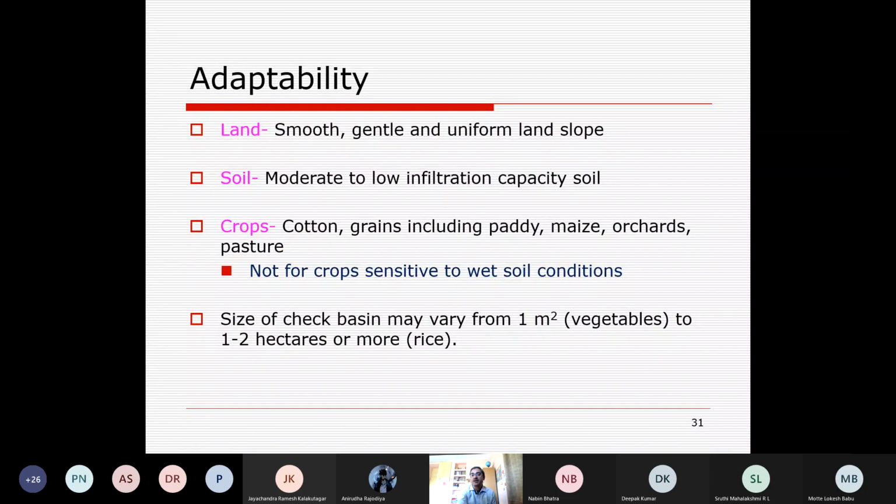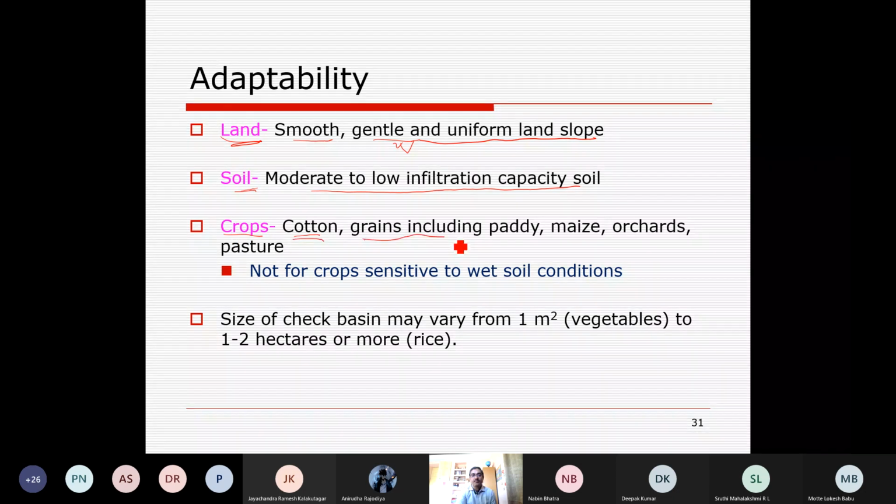Its adaptability: where is it adapted? In land conditions with a smooth, gentle and uniform slope, we can adopt basins. What type of soil can we have? Moderate to low infiltration capacity, the same as we learned previously in border irrigation. What kind of crops can we have?